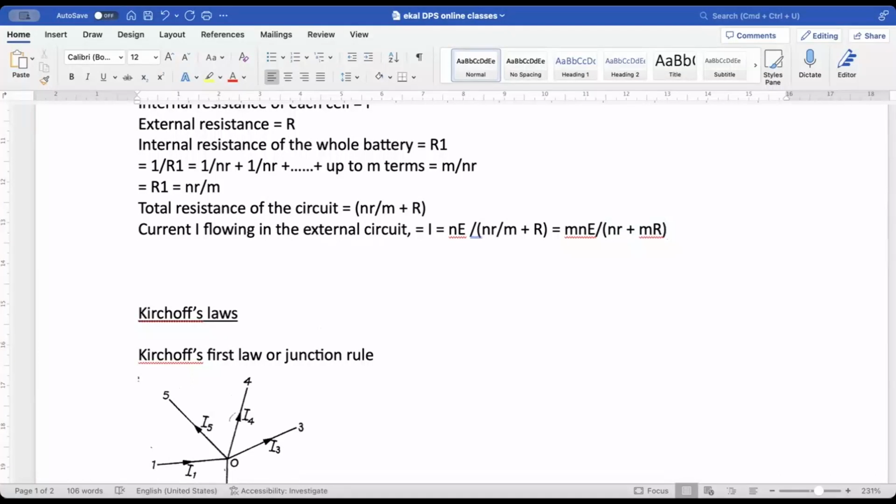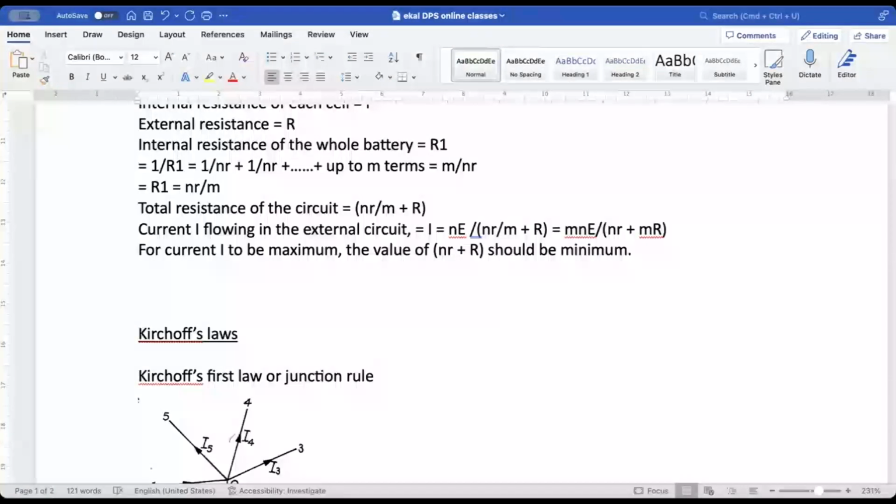So for current I to be maximum, the value of this resistance, which is nr plus mR, should be minimum. That means the value of nr plus mR we can find as follows.